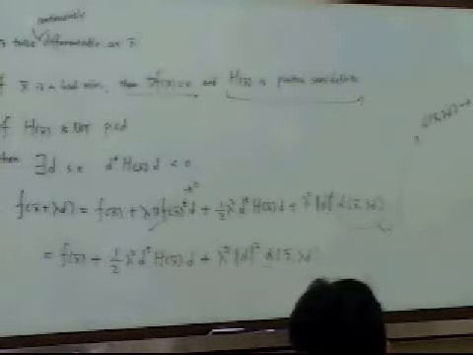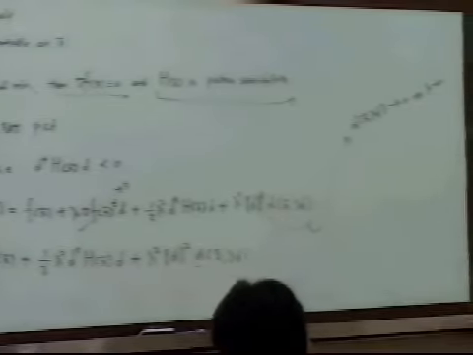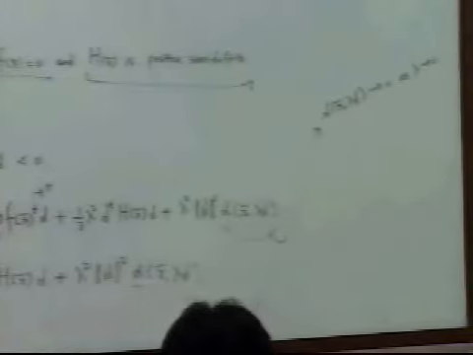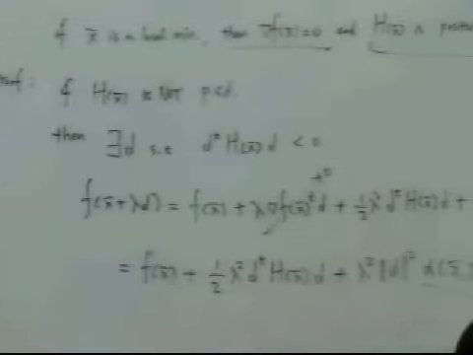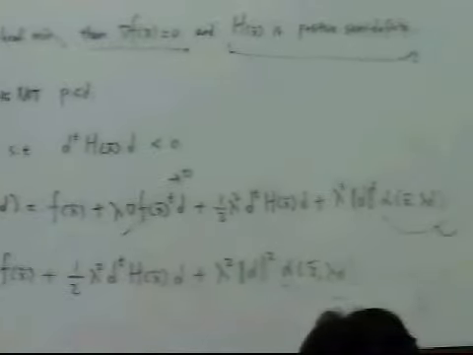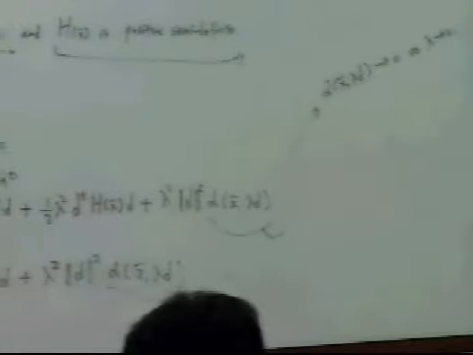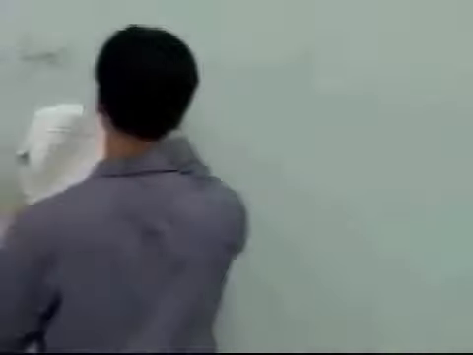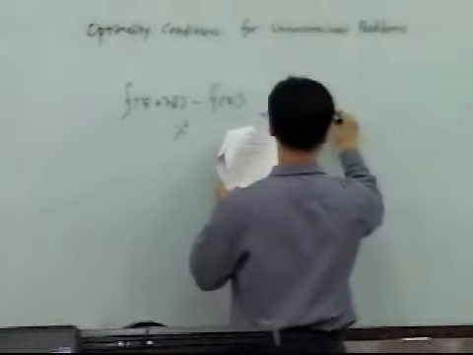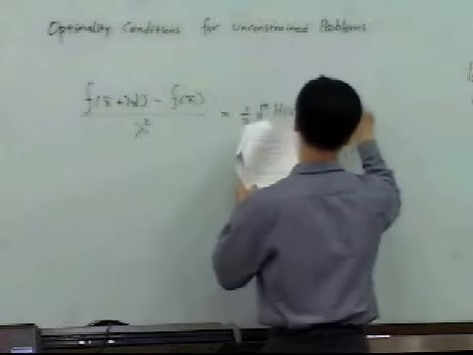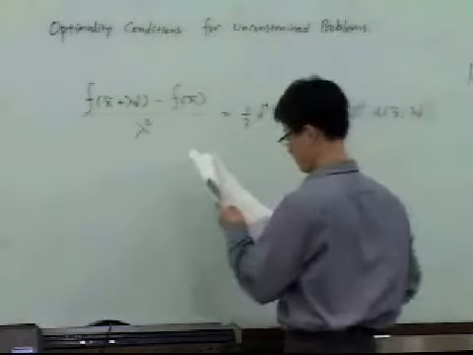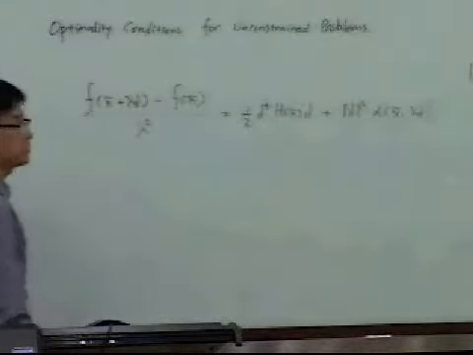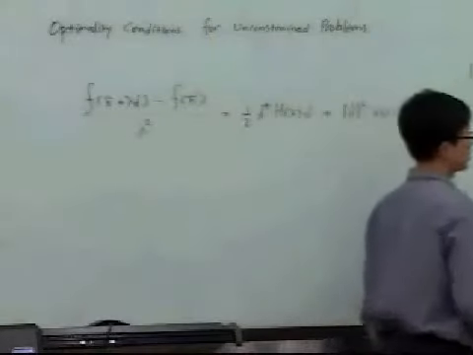If we rearrange it, that one will rearrange like (f(x bar + lambda d) minus f(x bar)) over lambda square equals one half d transpose Hessian d plus alpha, right?